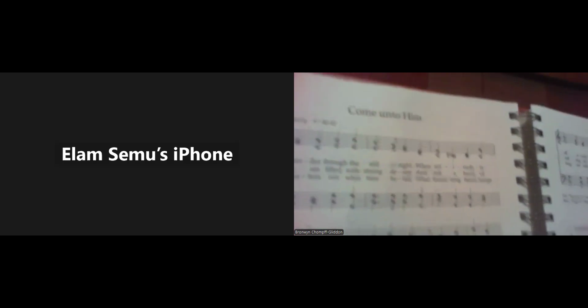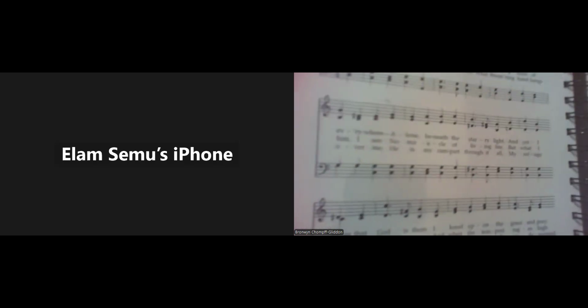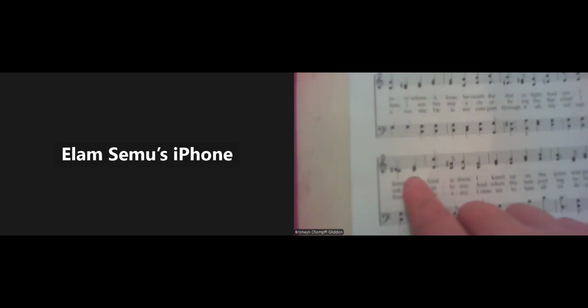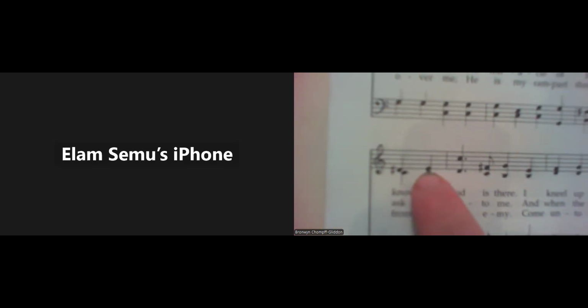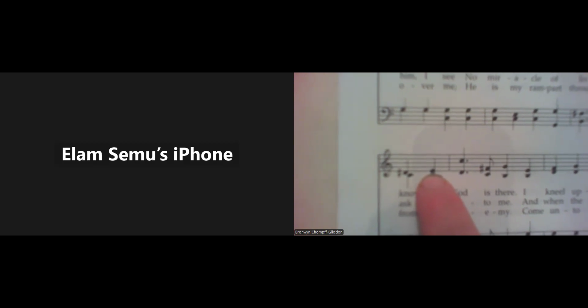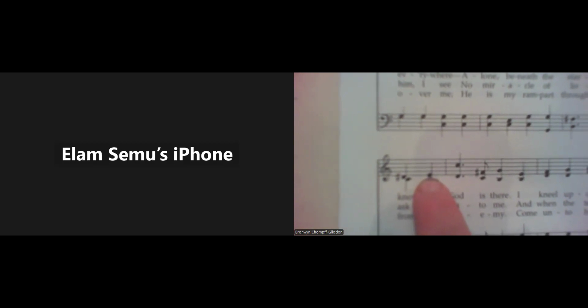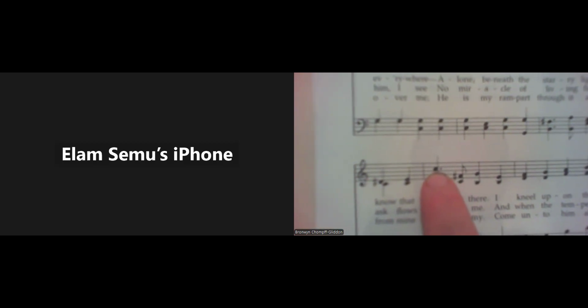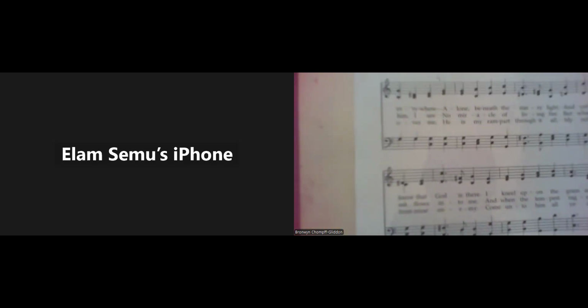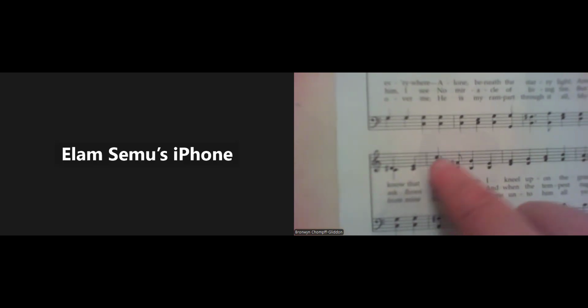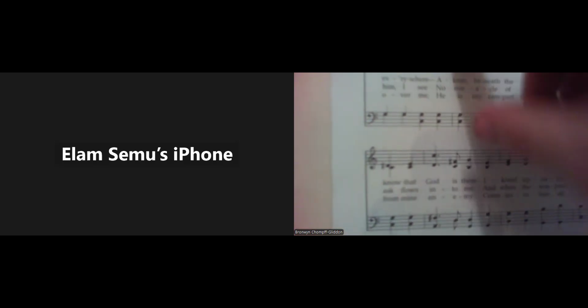The intervals get a little more interesting when you have a bigger jump. What can we find here? Here we've got in the soprano part, looking just at the top note, that's an E there, and then it jumps to a C. And so that interval, that is that sixth that we were looking at before.